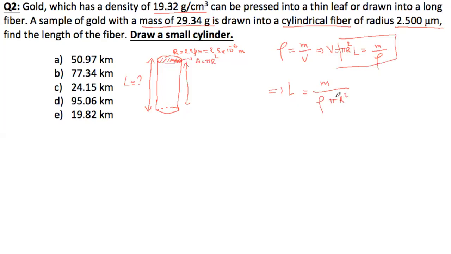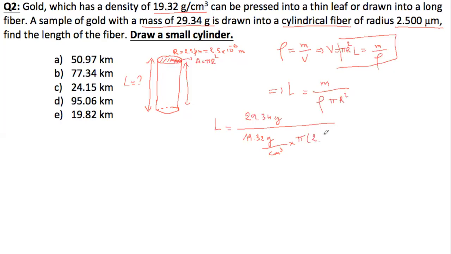Now you have to put everything in the right units. Now let's go step by step and put everything in the right unit. So the length that I want is the mass that I have, which is 29.34 gram divided by, what is rho? 19.32 gram per centimeter cube times pi r squared.